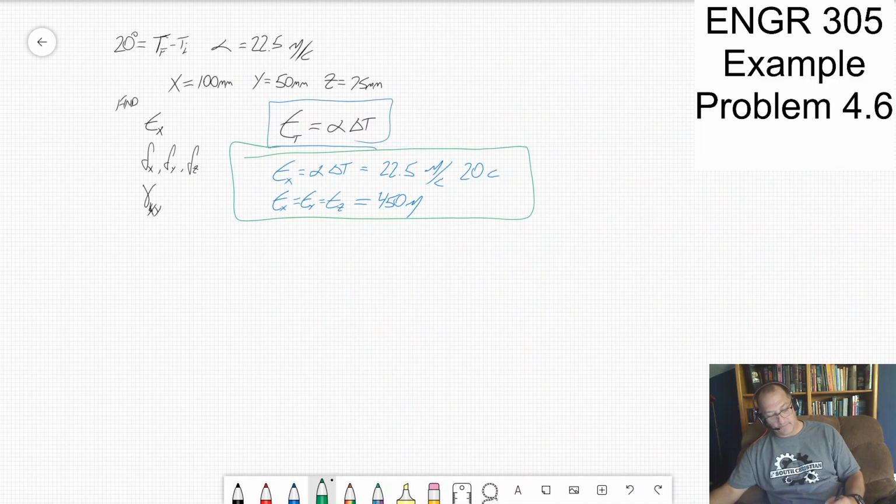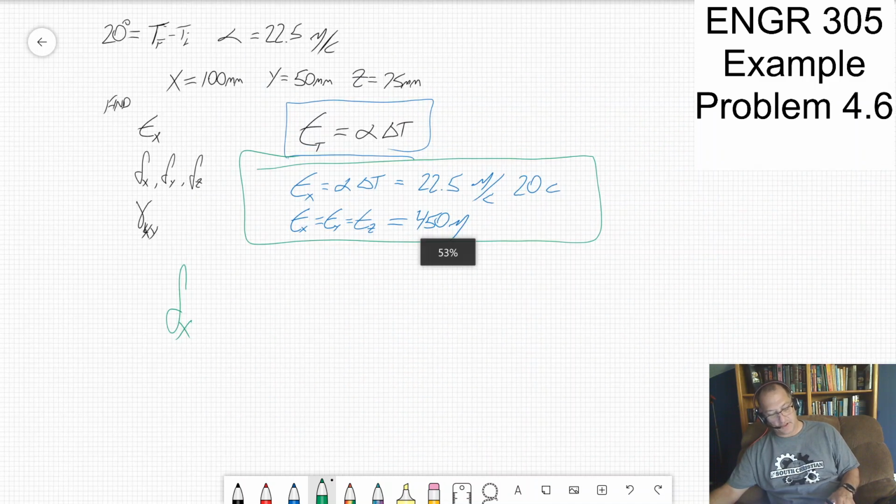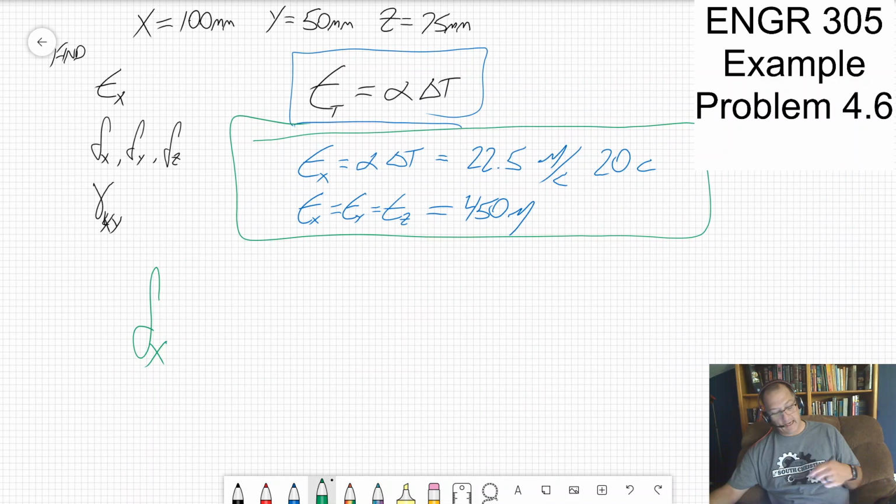Let's find delta in the X direction. Well, how do we do that? In order to do that, I have to go back to my previous chapter.